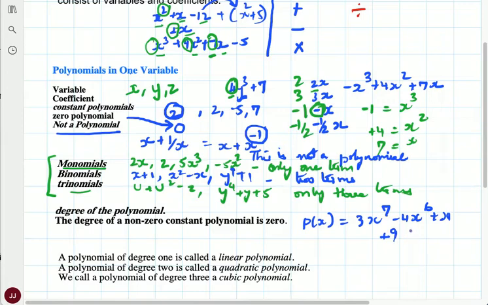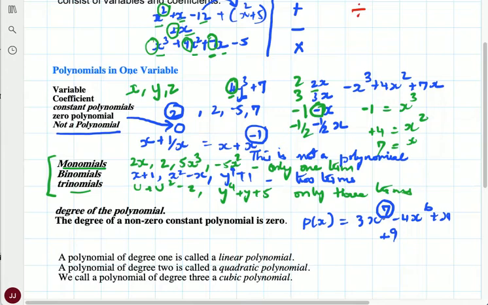The highest power of x is 7. We call the highest power of a variable in a polynomial the degree of the polynomial.